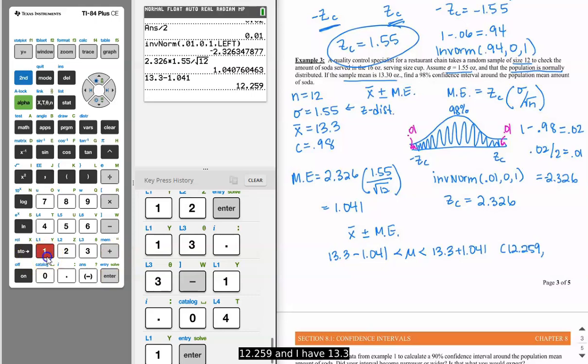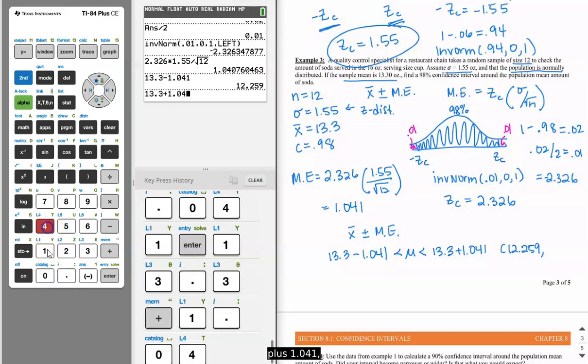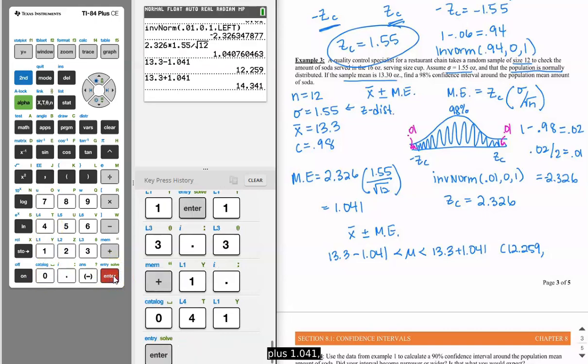And 13.3 plus 1.041 gives 14.341. It didn't really say where to round, so I'll keep it. I might round to 2 decimal places when I'm making my interpretation. But this is my confidence interval.